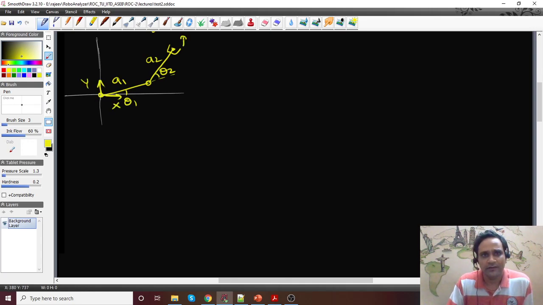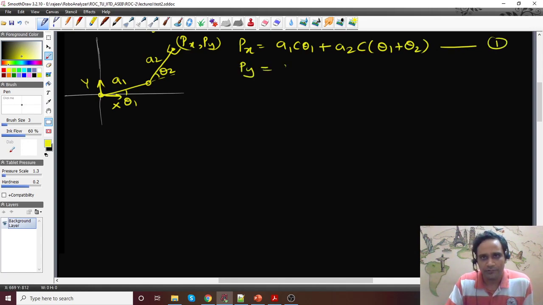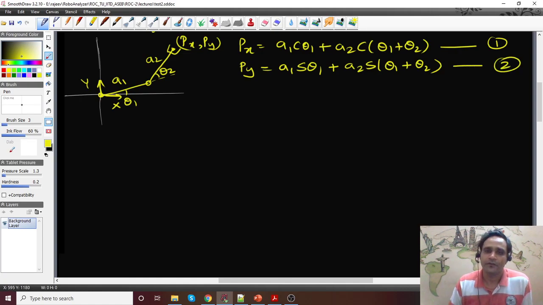So this is px, py. So we already have the expression px is equal to a1 cos theta 1 plus a2 cos of theta 1 plus theta 2. Let me call it again as equation 1. Py is equal to a1 sin theta 1 plus a2 sin of theta 1 plus theta 2. So this is equation number 2.